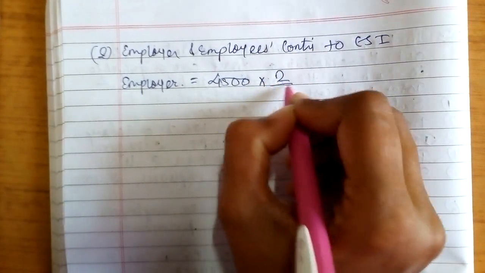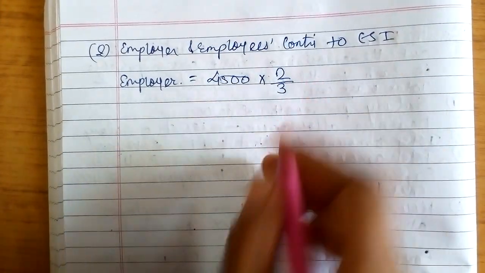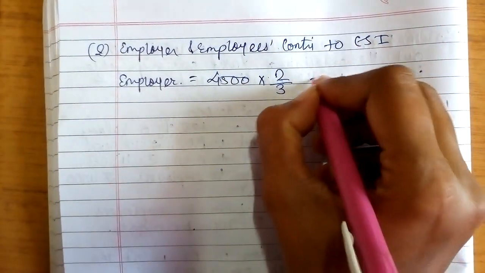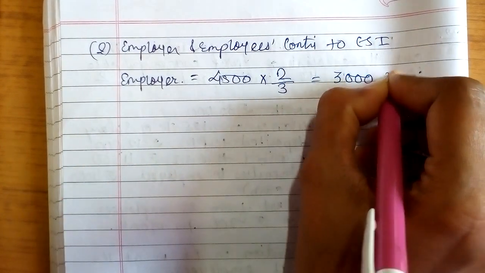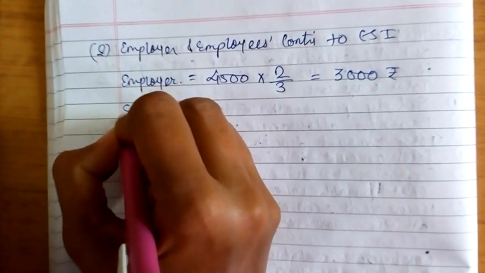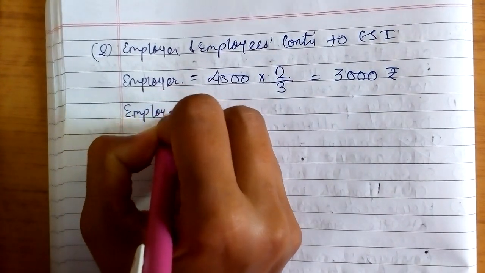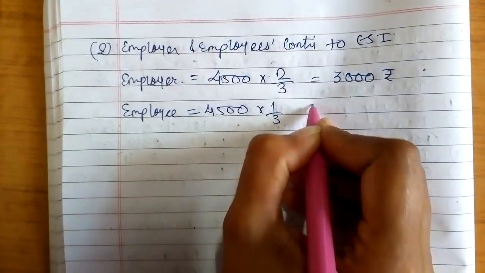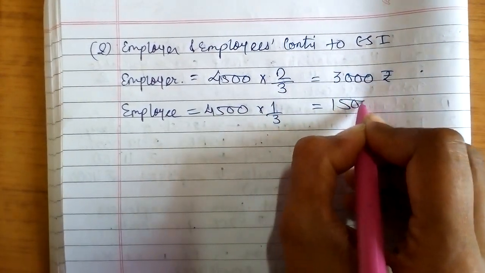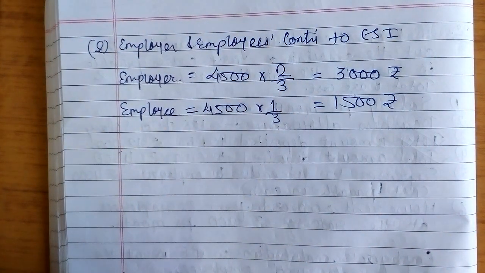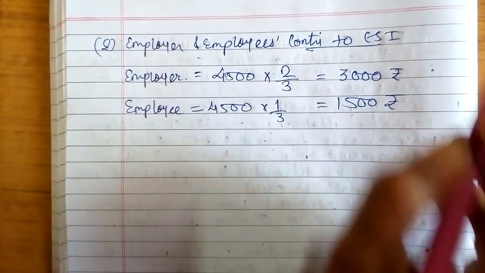Employer and employee share 2:1. So 2 parts will be of the employer and 1 part will be of the employee. So for the employer, 4,500 into 2/3, this is 3,000 rupees, and for the employee, 4,500 into 1/3, so that will be 1,500 rupees, right? So these are the contributions to ESI.